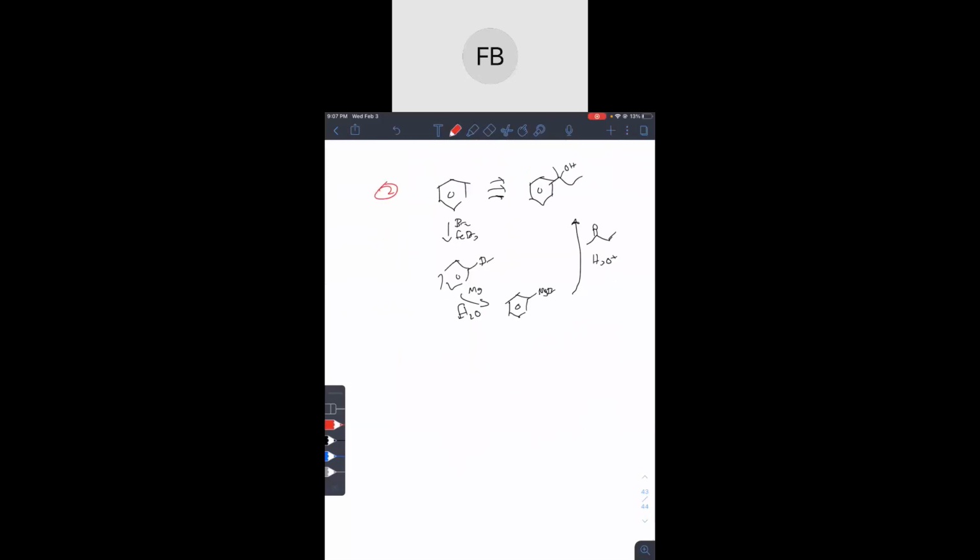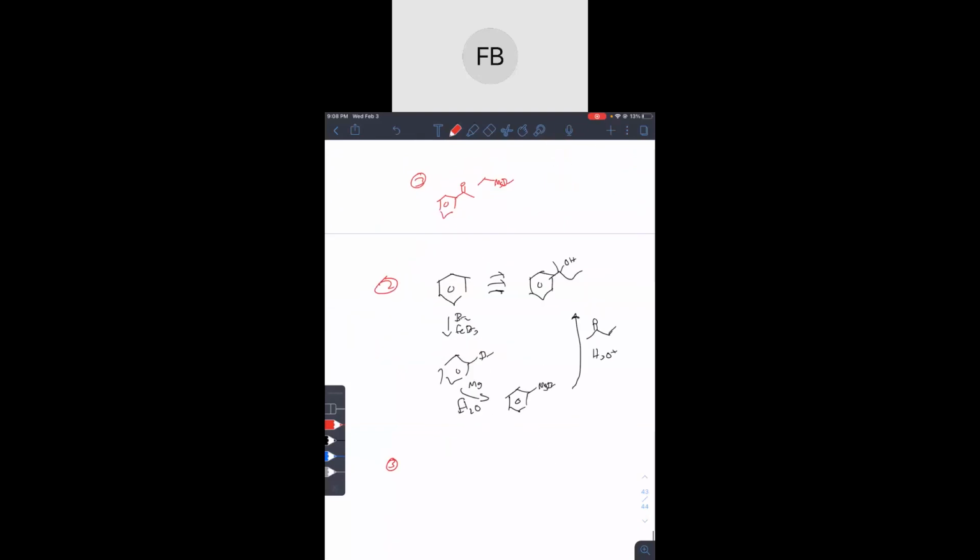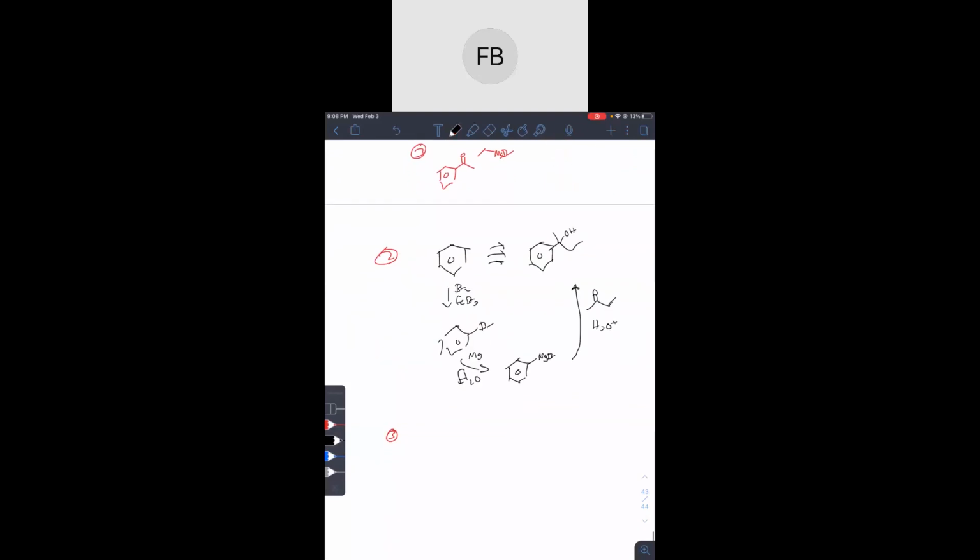And then pathway number 3 is a similar thing, but instead our acylation step has, oops, okay, sorry, you can hear my roommates.